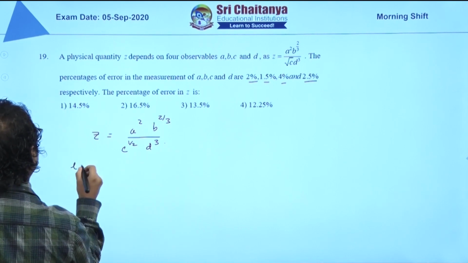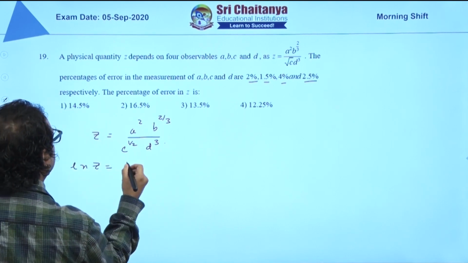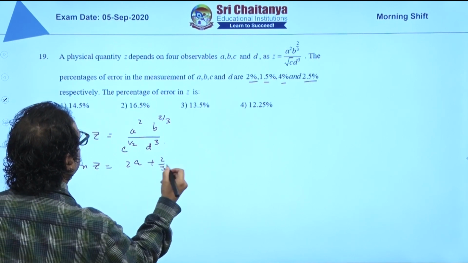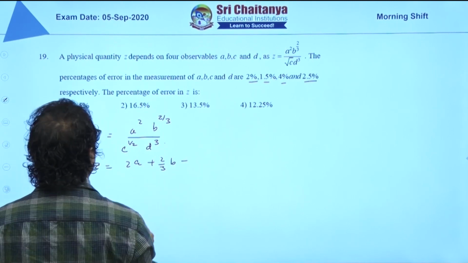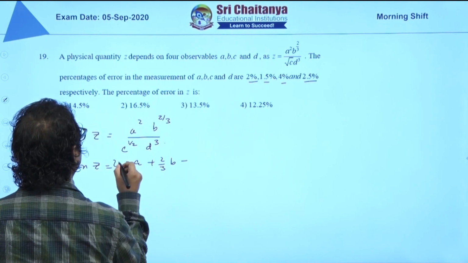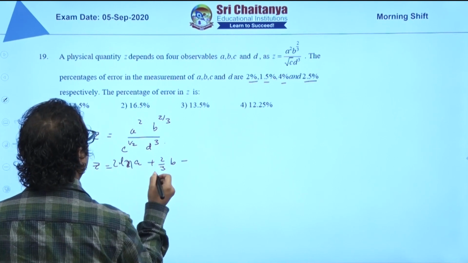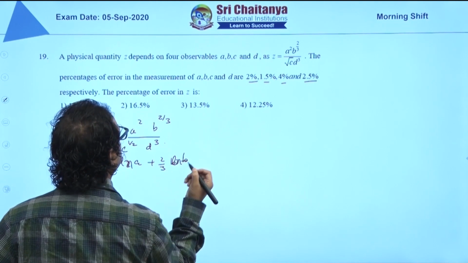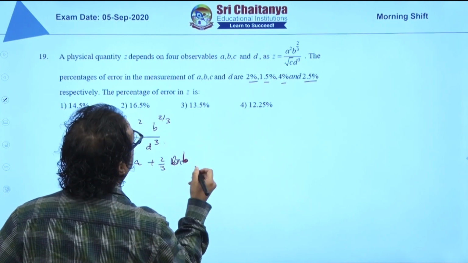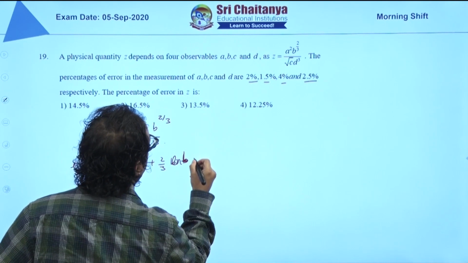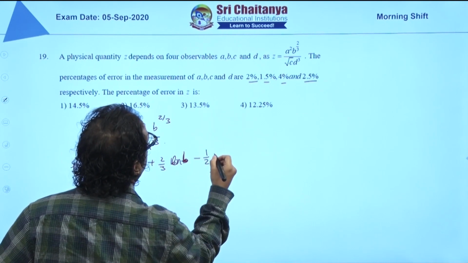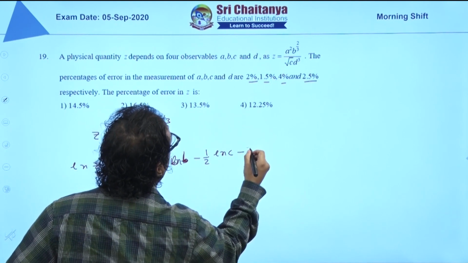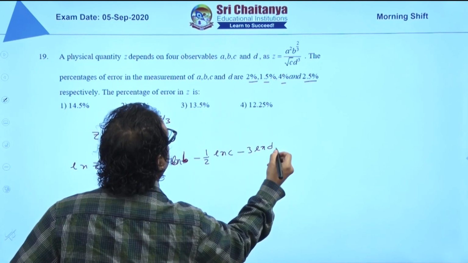Take logarithm: ln Z is nothing but 2 ln a, plus 2 by 3 ln b, minus half ln c, minus 3 ln d.